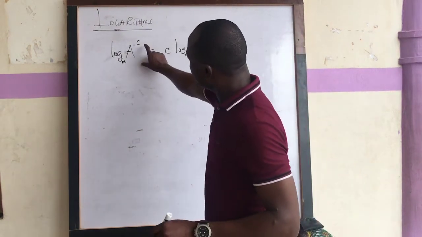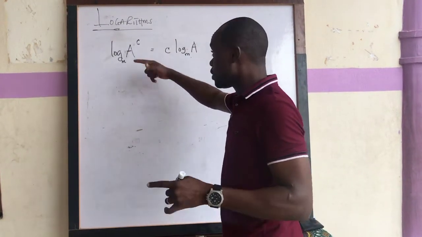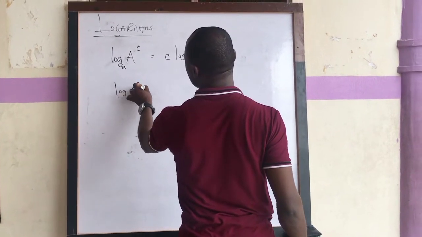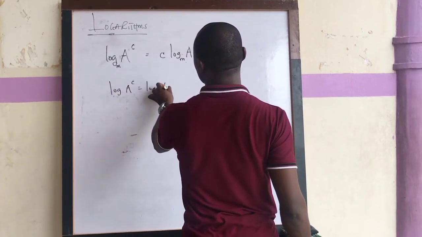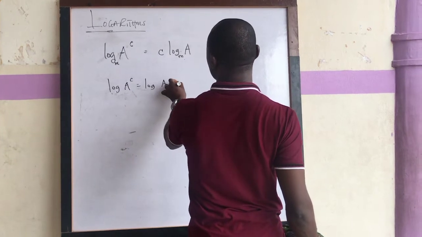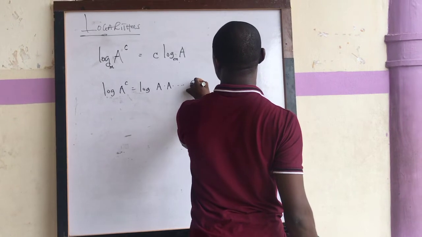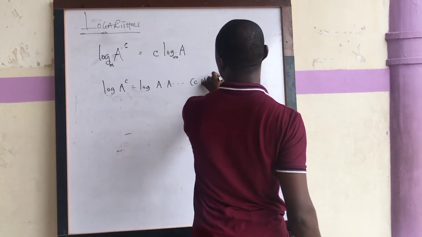This is actually true, because you can prove that log a raised to the power of c is the same thing as log of a times a in c places, or c times.